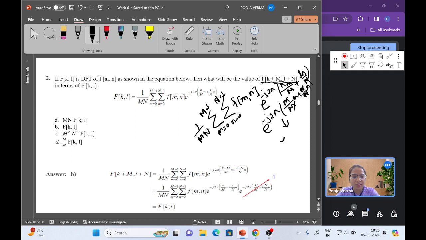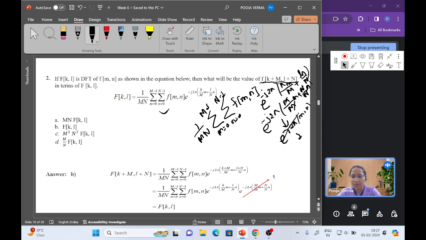So the term e to the power minus j 2 pi (m plus n) only is left, and this will be equal to 1. So only we will get this term, and this term is nothing but F of k, l. So F of k plus M, l plus N is equal to F of k, l.